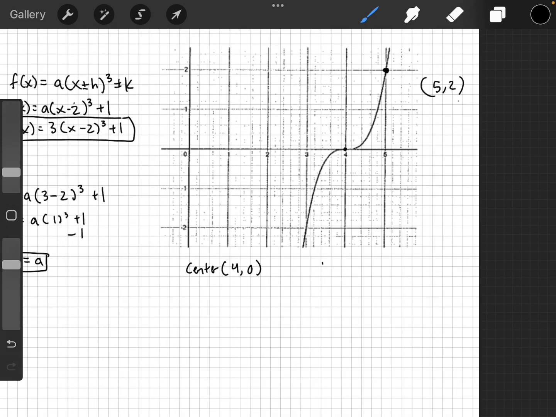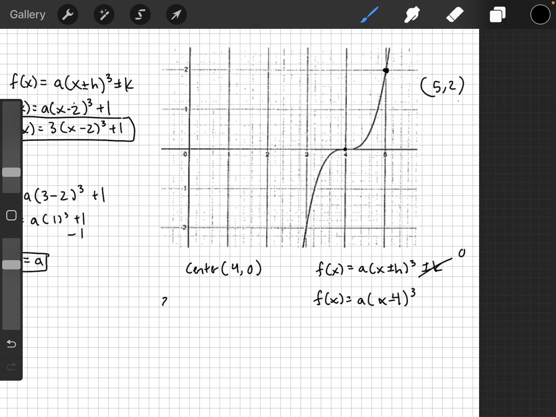So the same method as last time. We'll set it up in this f of x format, plus or minus h cubed plus or minus k. We have no k value as that equals 0. So we have f of x equals a times (x minus 4) cubed.